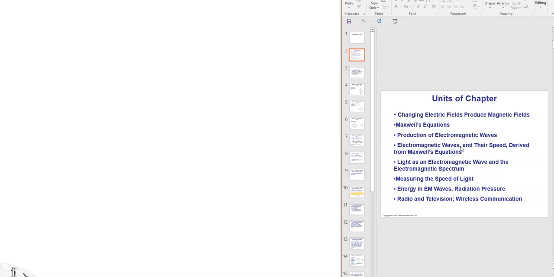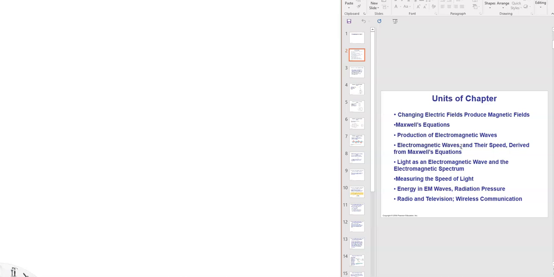So let's see how to produce them, and some important set of equations. Even though we don't go into any details at this point, I want you to know at least the name. James Clerk Maxwell came up with this unique set of equations to describe the behavior of electromagnetic waves or radiation.